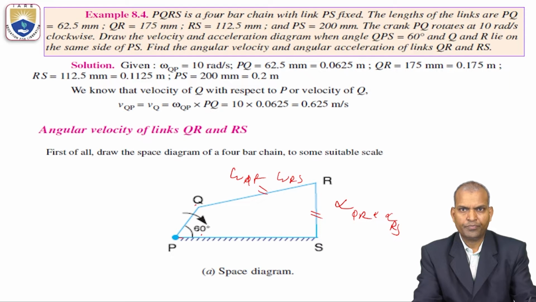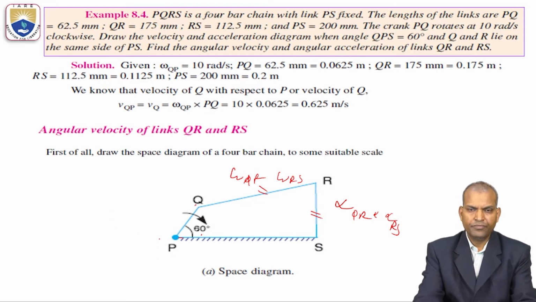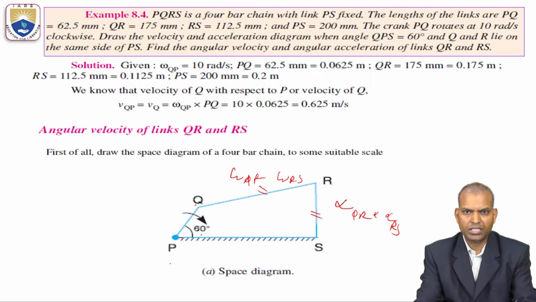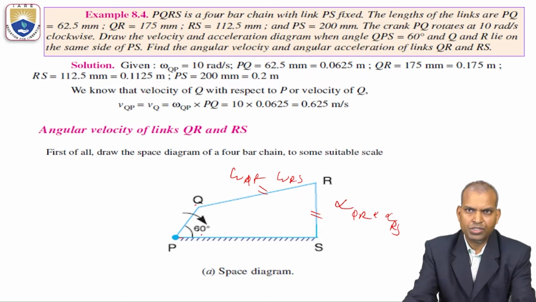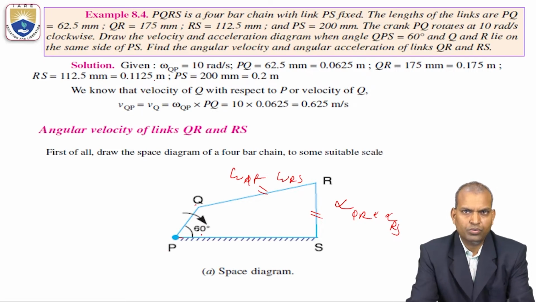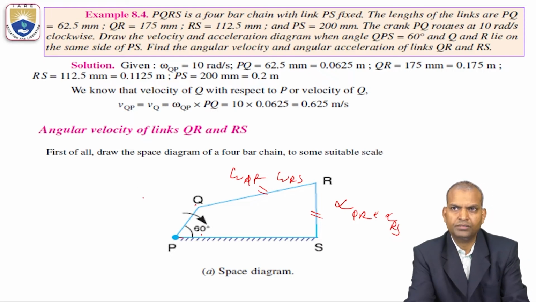Then only we can solve the objectives given in this problem. Now, based on the given data, first we have to draw the configuration diagram or space diagram in our answer script with the given dimensions. What are the given dimensions? Omega QP equals 10 radians per second, QP acting as the PQ link.